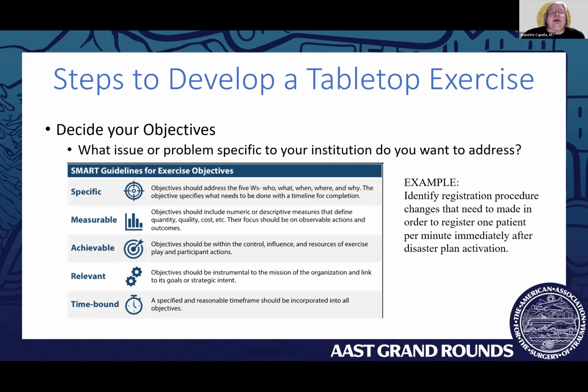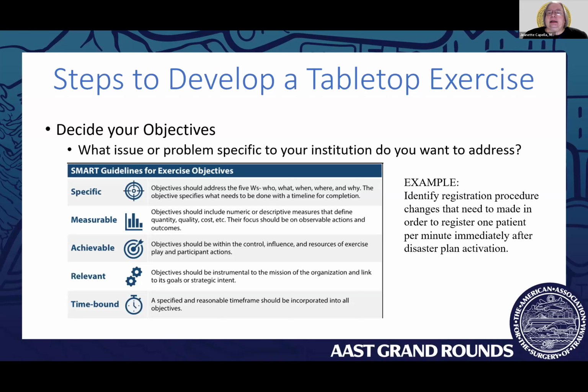Then you decide on your objectives. Basically you're deciding on an issue or problem specific to your institution that you want to address in your exercise. It could be 2 or 3. That's probably the number you can do in a 4-hour session, which is what we're focused on here.